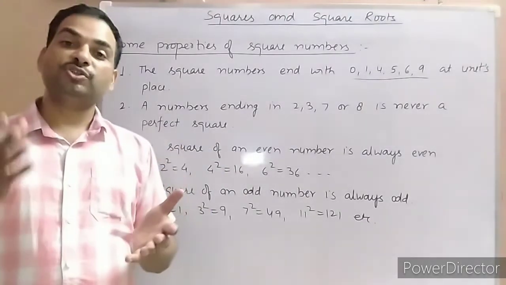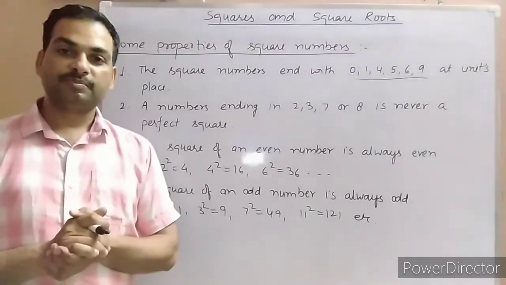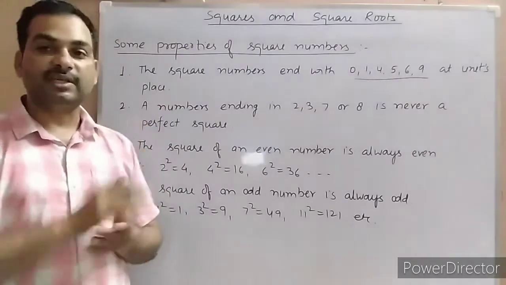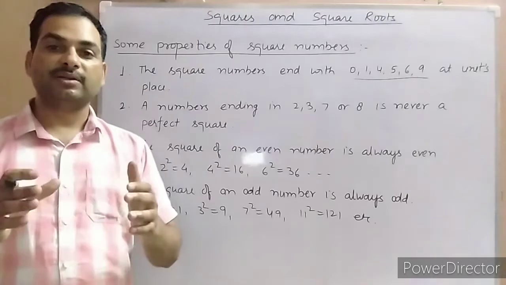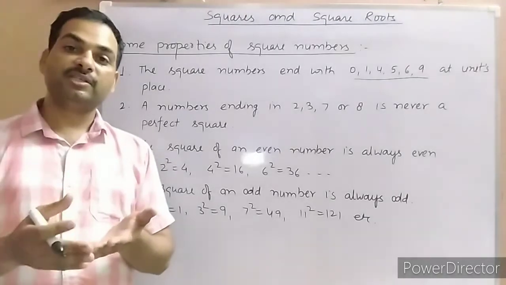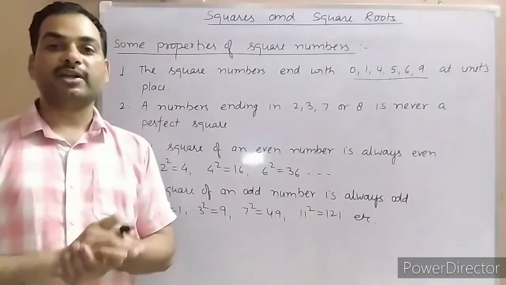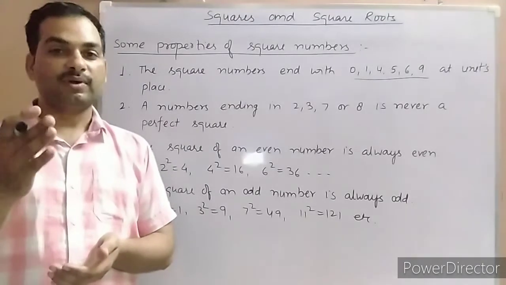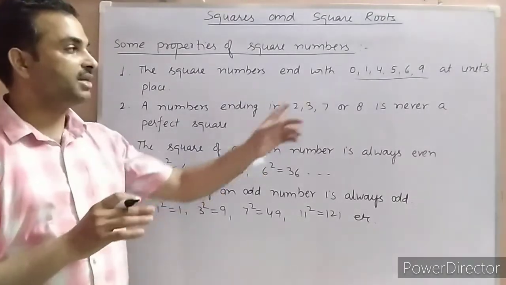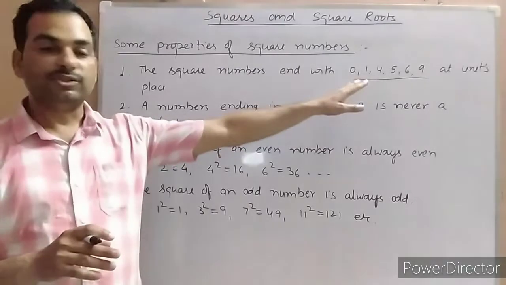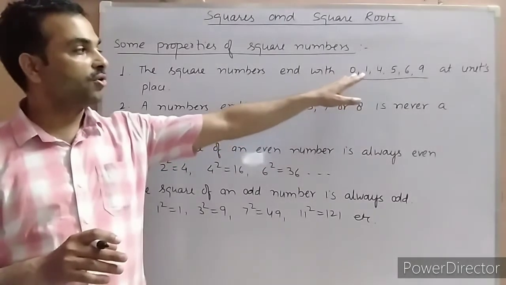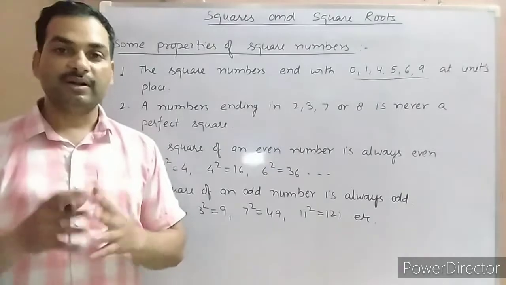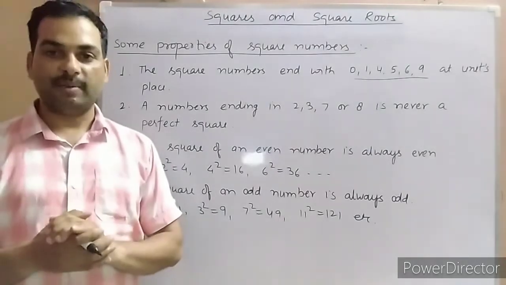Any number which is not a perfect square can end with these digits. But if a number is a confirmed perfect square number, then the units digit of the given number is always either 0 or 1 or 4 or 5 or 6 or 9, any one of them.